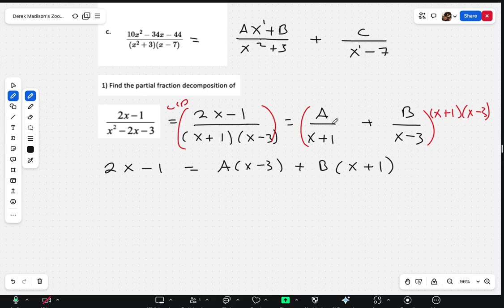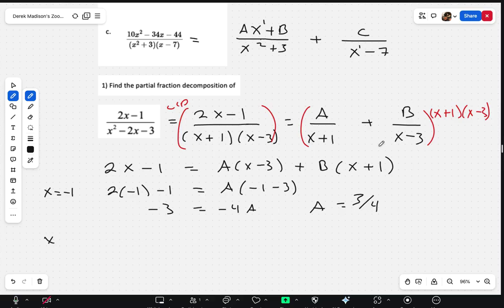And I have 2 zeros and 2 unknowns, so that's great. We'll just use our zeros. So we'll start with x equals negative 1. So 2 times negative 1 minus 1 equals a times negative 1 minus 3 right there. So that will be negative 3 equals negative 4a. So a would be, dividing that over, 3/4. And we'll do the same thing with 3, since that's our other 0.